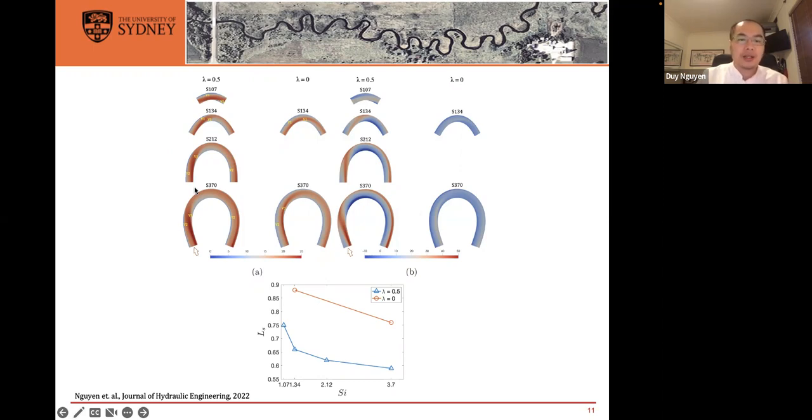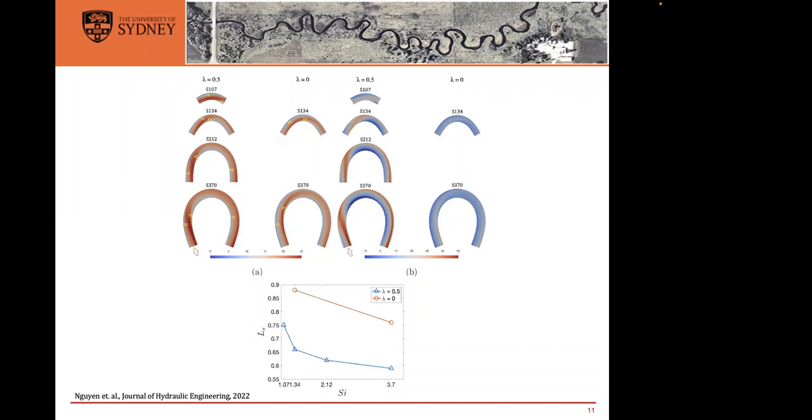But when I come to a higher sinuosity, I have two separated shear layers, and you can see that this will actually change the characteristics of turbulence, so whether it will amplify the turbulent intensities in the river.